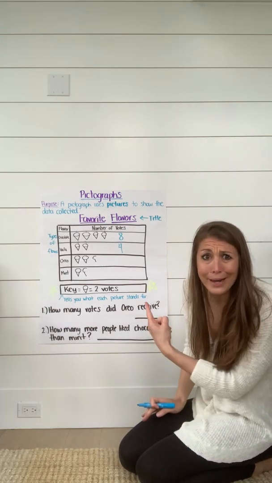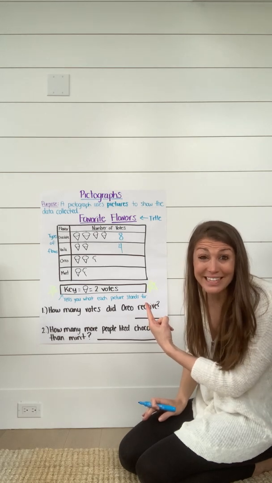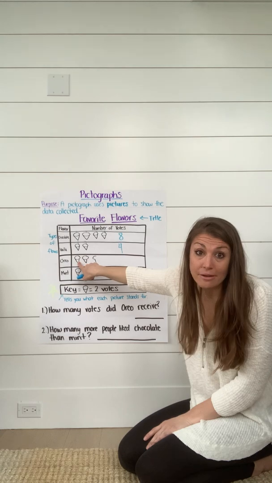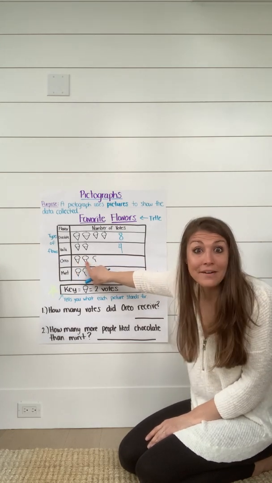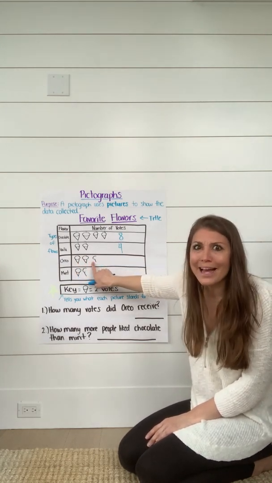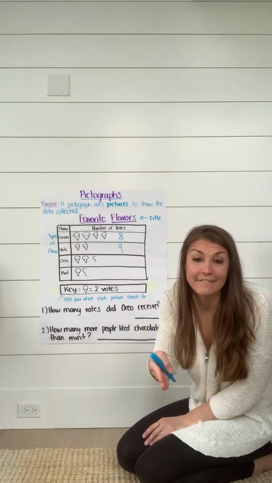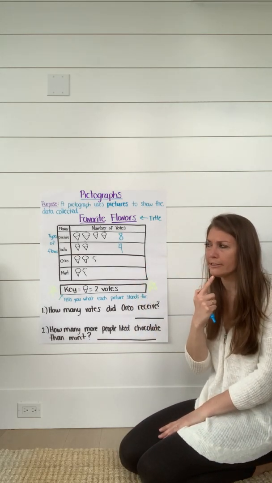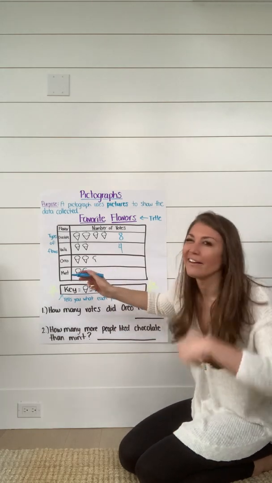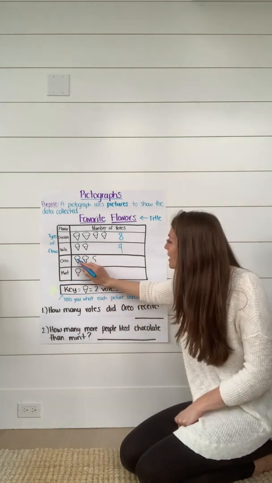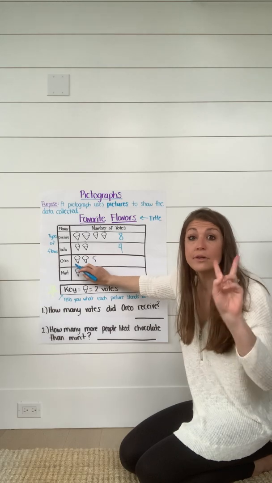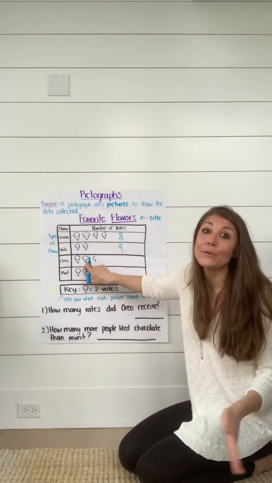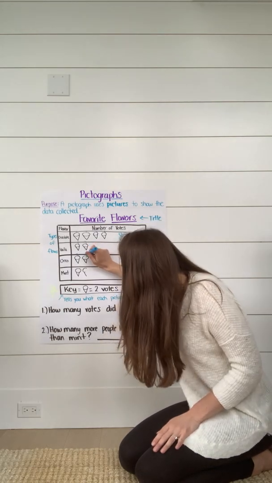Whoa, are you guys seeing what I'm seeing on this anchor chart? I see 1 ice cream cone, and I see another ice cream cone, and then I see half of an ice cream cone. This one might be a little tricky. No, we got this. So I'm gonna say, okay, 1 ice cream cone is 2 votes, so 2. Another ice cream cone is another 2 votes, 4.